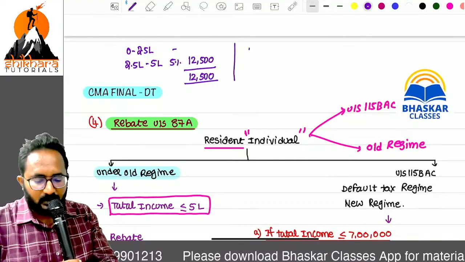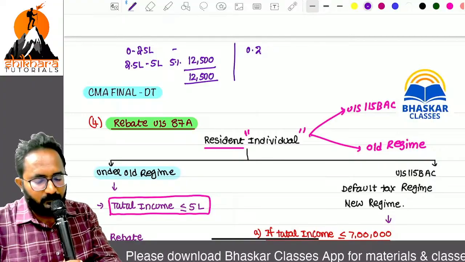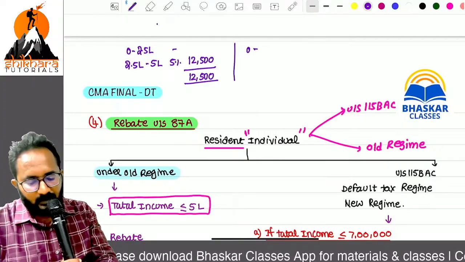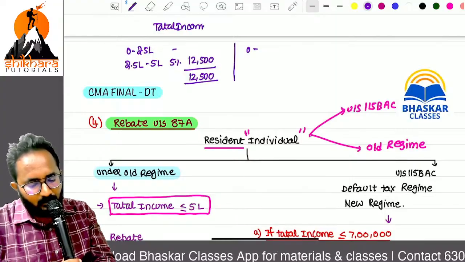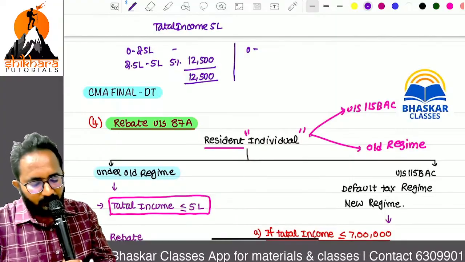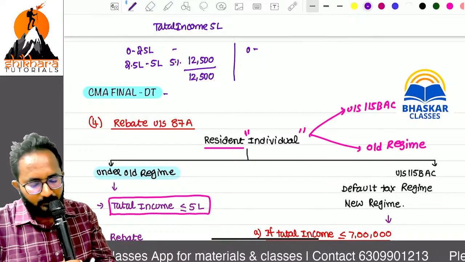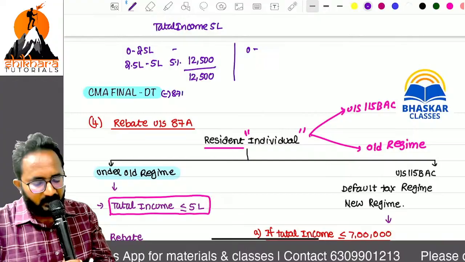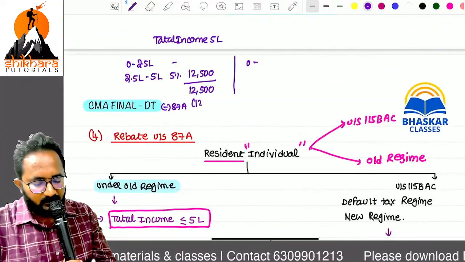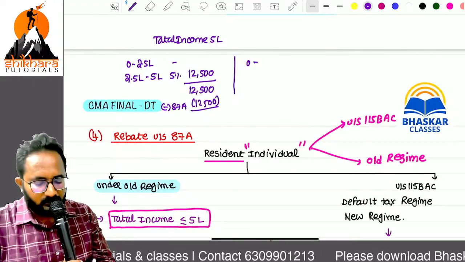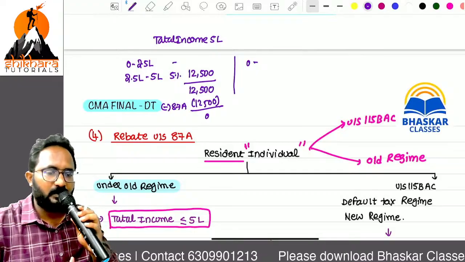Sir, here total income how much, ma'am? We have taken 5 lakh. Total income 5 lakh, so minus how much rebate do they give, ma'am? 87A: tax payable or 12,500, whichever is lower. So the entire 12,500 we can get as a rebate. Finally our tax liability will be 0.